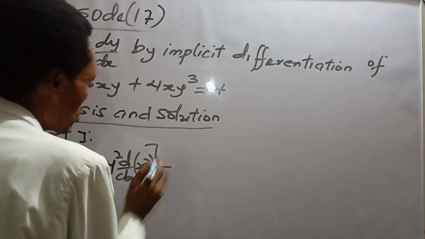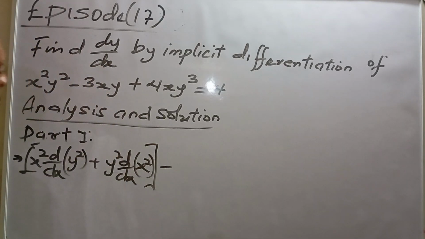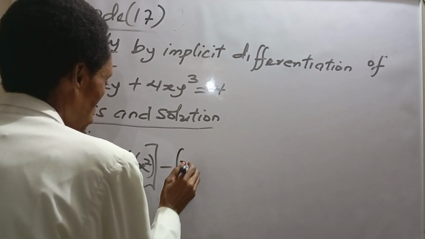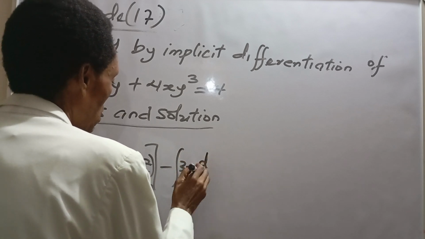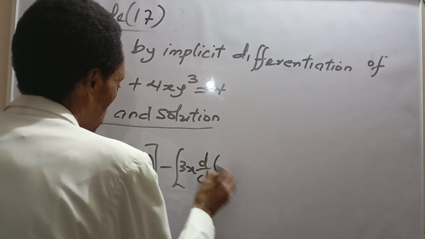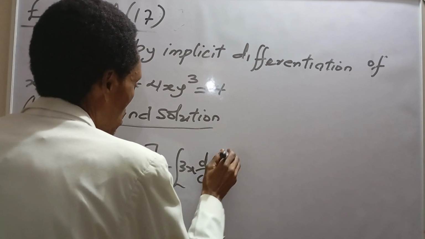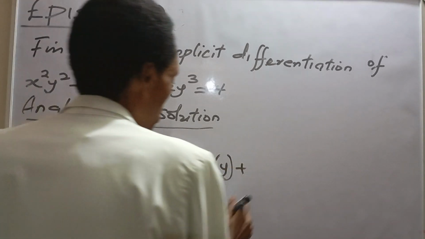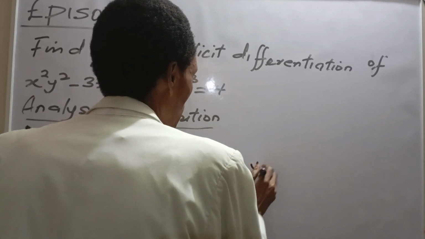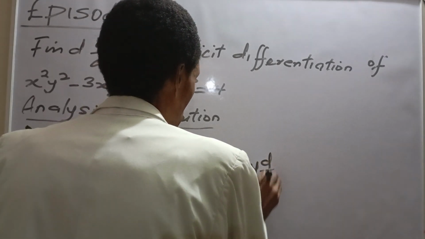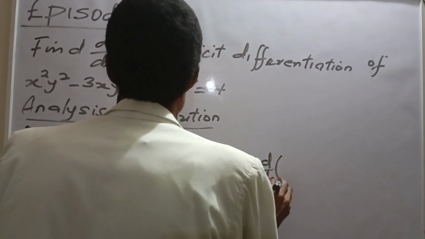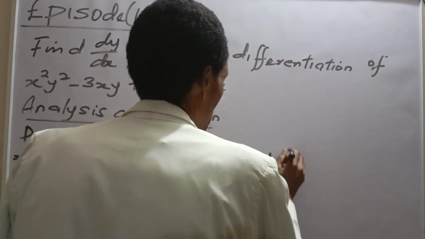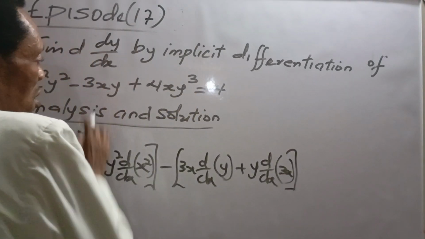Then minus, you come to this one. You open again, which is 3x, then d/dx of y, plus you hold down the y, d/dx of 3x. Okay, I'm done with this.